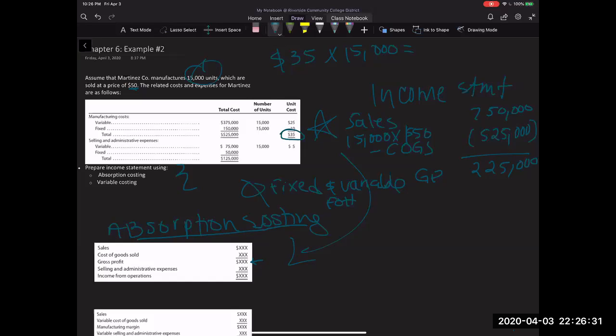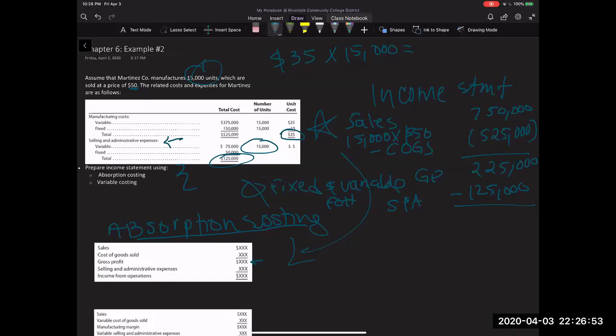Now the next step is to subtract out our selling and administration expenses. So here it is. It tells us that our selling and administration expenses for 15,000 units comes out to $125,000, right? So I'm just going to put here selling and administration expenses. Okay.